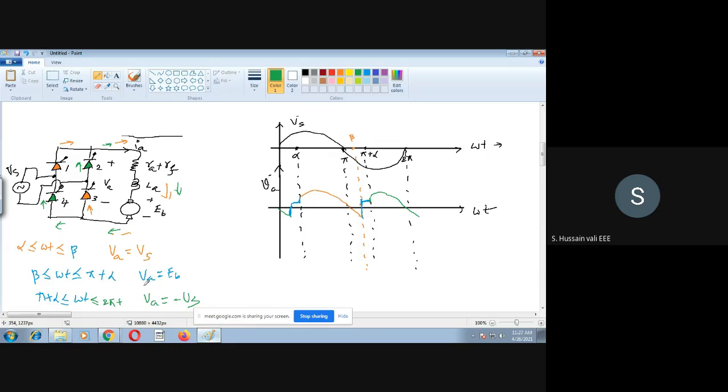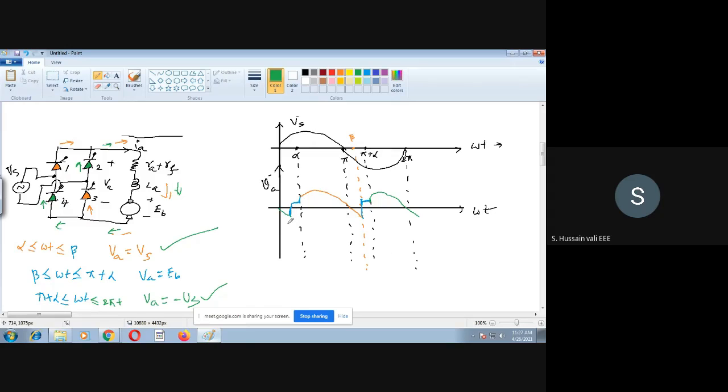So the duration is beta minus alpha. It will be 2 pi plus some value. The duration is the same as this duration, so that way you have to find it out.